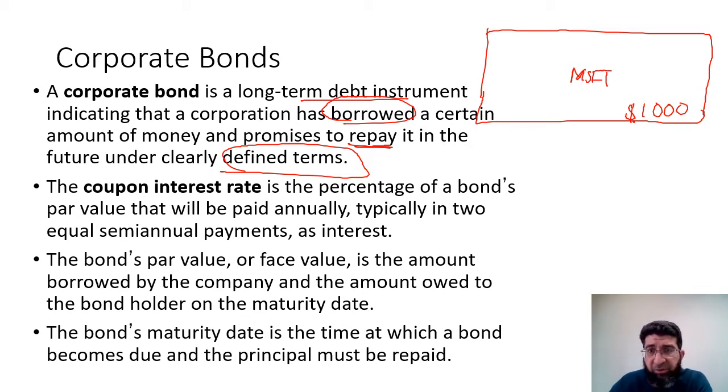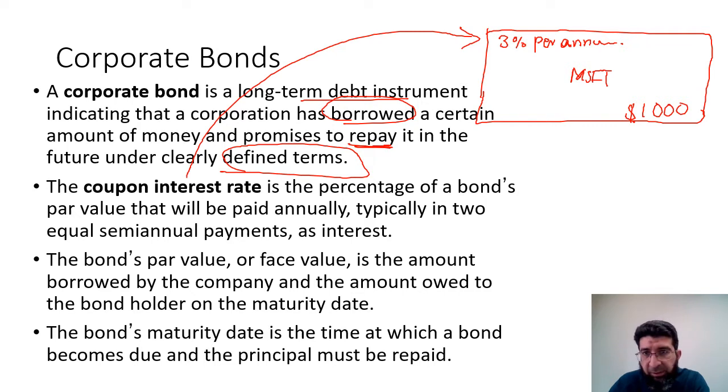So a coupon interest rate, like 3% per annum or per year, will be paid. Now this 3% is what we call the coupon interest rate, which will be periodically paid until the maturity. Now maturity is, let's say, 5 years. That's what we call the maturity of the bond.